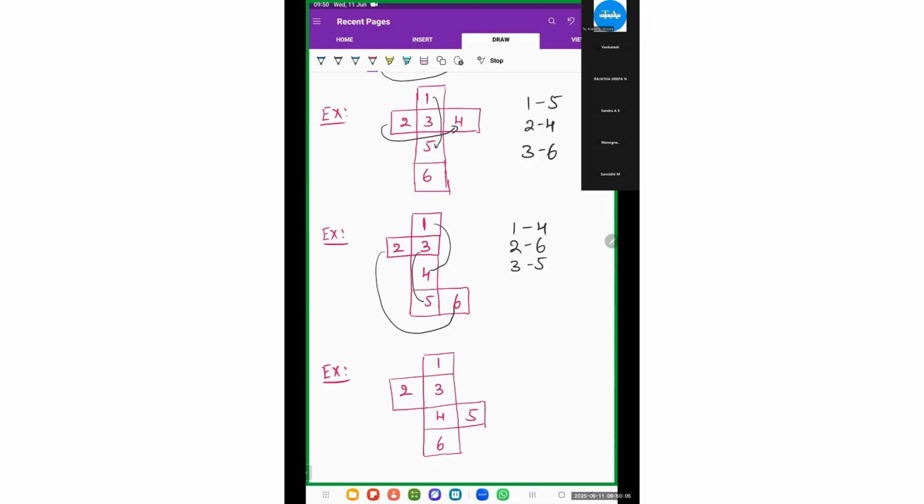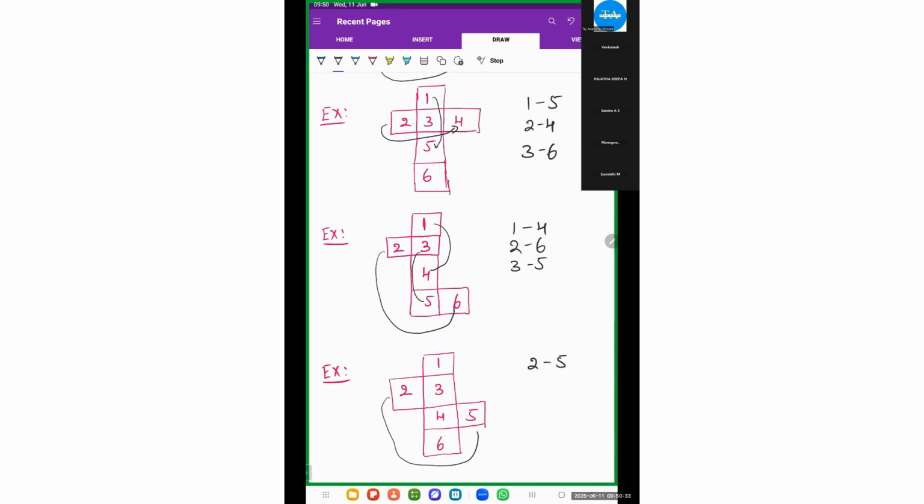Okay, this is a diagram. So identify. Here the extension sum is 7. That means two opposite is 5.